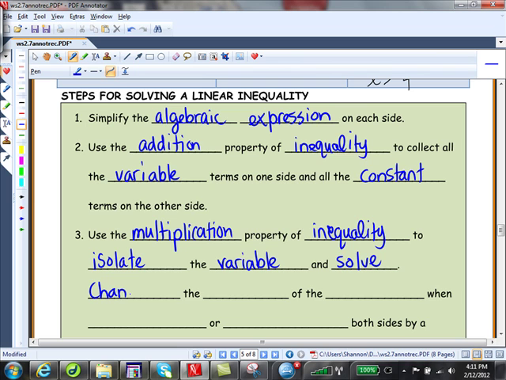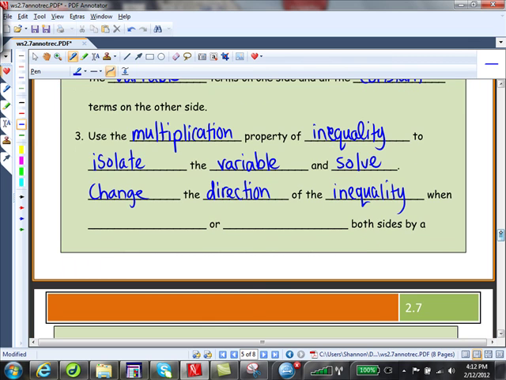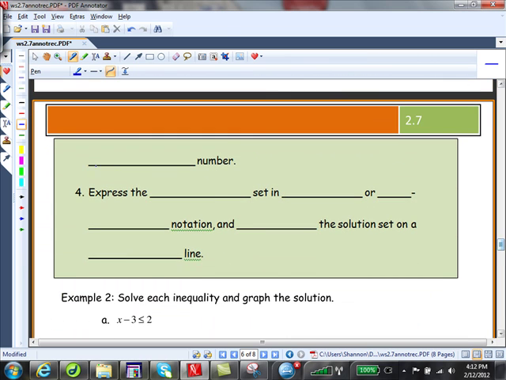Change the direction of the inequality when multiplying or dividing both sides by a what kind of number? Good. A negative number.